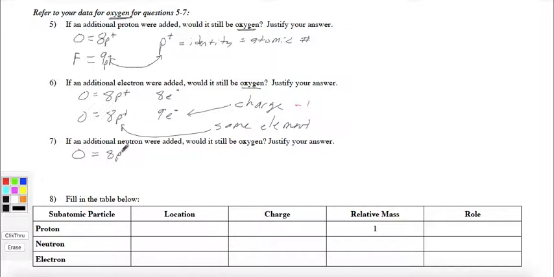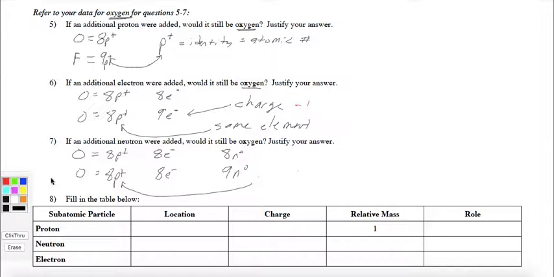It had the 8 protons, 8 electrons, and it also had 8 neutrons. Now, if all of these stay the same, we still have our 8 protons, we still have our 8 electrons, we now have 9 neutrons. And this means that we still see that we have the 8 protons, so it's still oxygen.